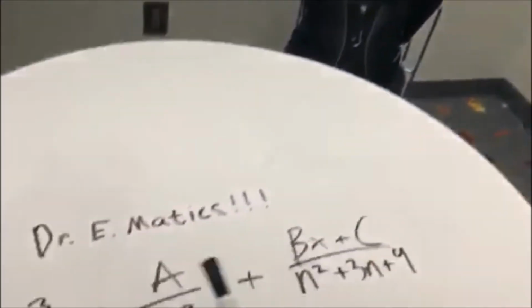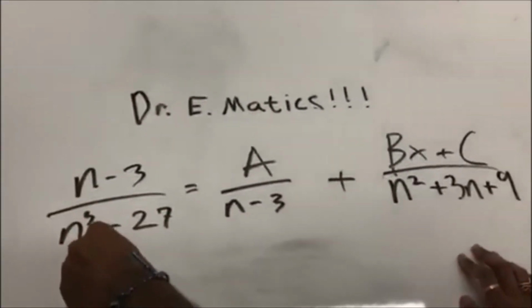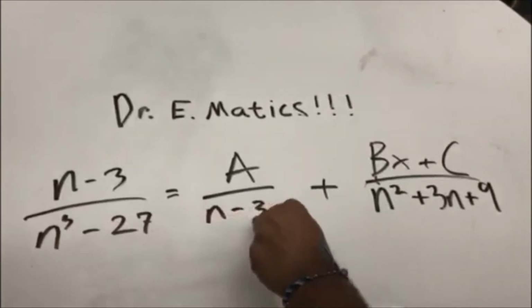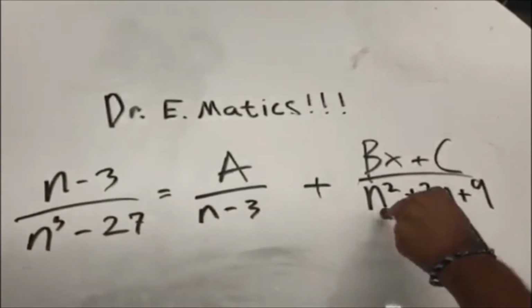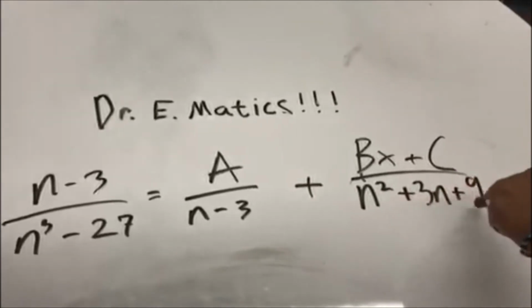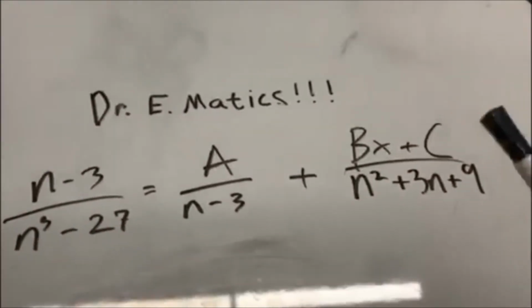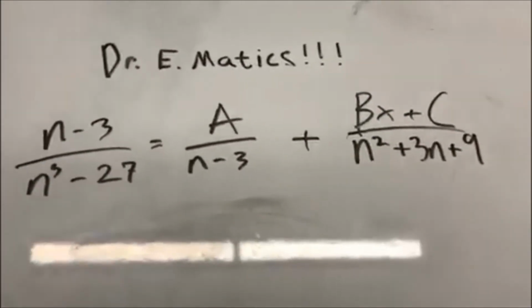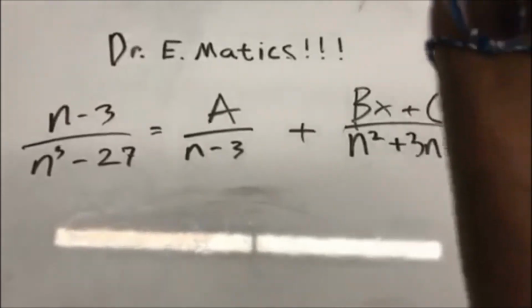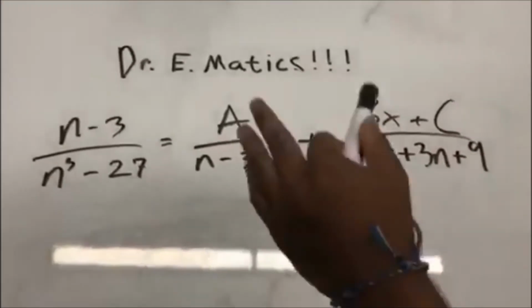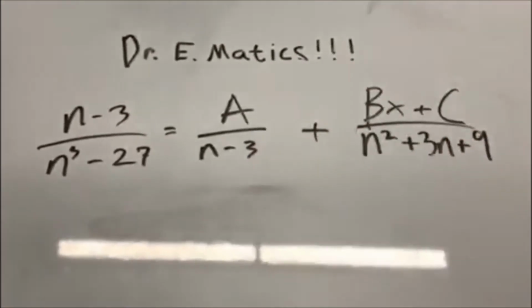So let's see. If we factor at the bottom, we get (n minus 3) multiplied by (n squared plus 3n plus 9). So we have this one, but how do we simplify it? How do we get that into a proper form where we can evaluate the expression so that we can simplify this fully?